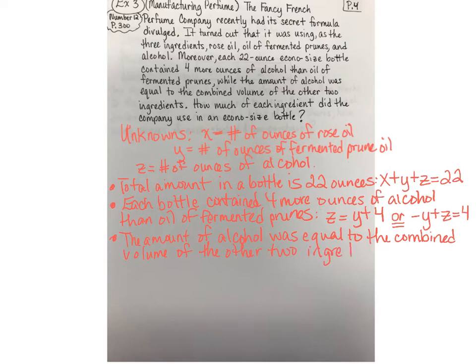So what does that mean? That means that Z, because that's the number of ounces of alcohol, that means Z is equal to X plus Y, or if we move all of the variables to one side, that means we have X plus Y minus Z is equal to 0.